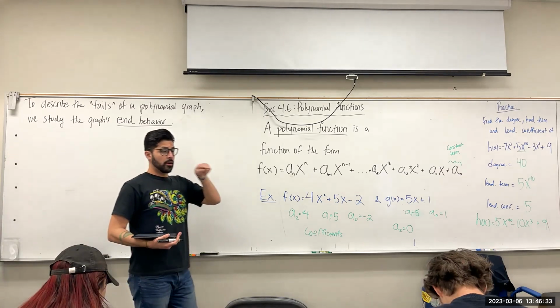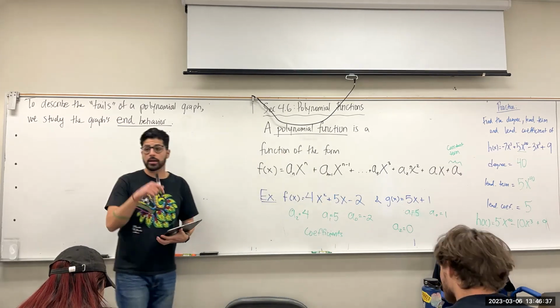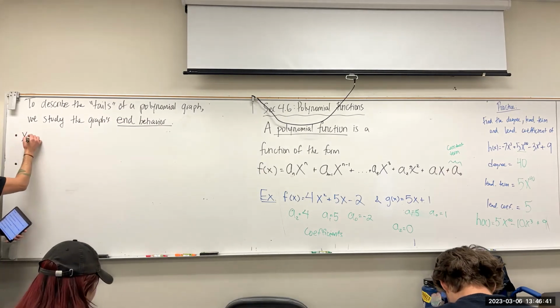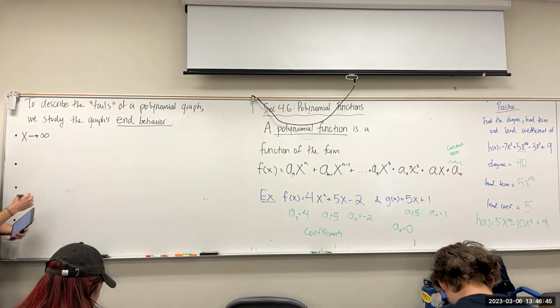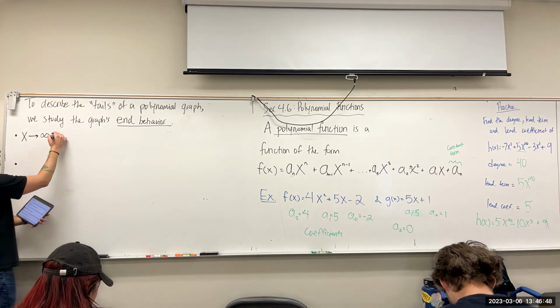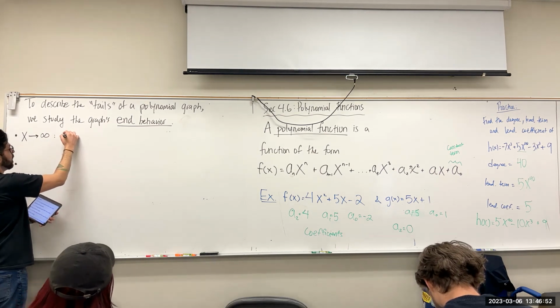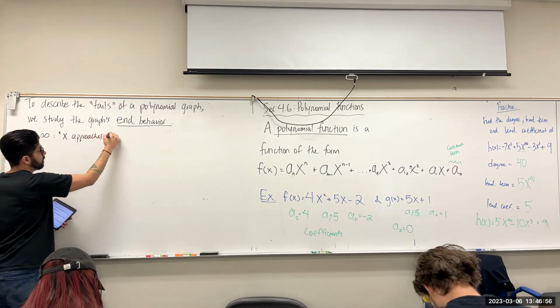So one of them is the second question where I said, what happens as x becomes more and more positive? To write that mathematically, we're going to say x is approaching infinity. When you guys see this notation, the way you read it is x approaches infinity.